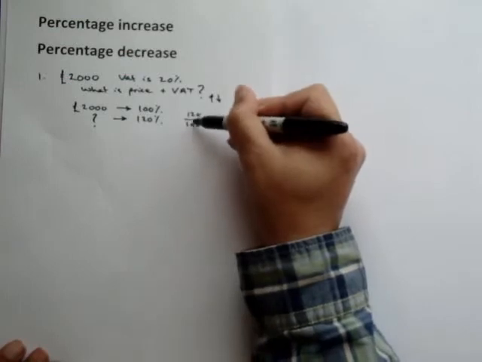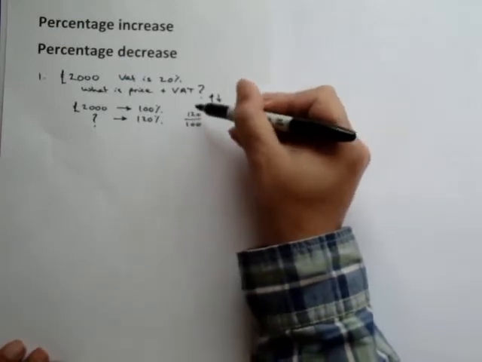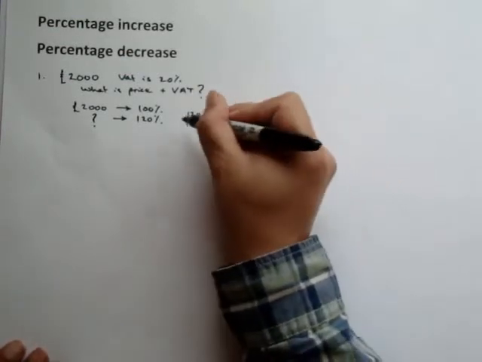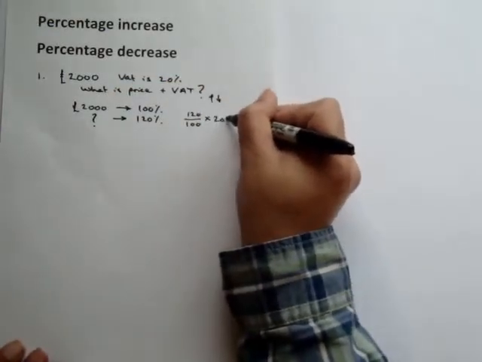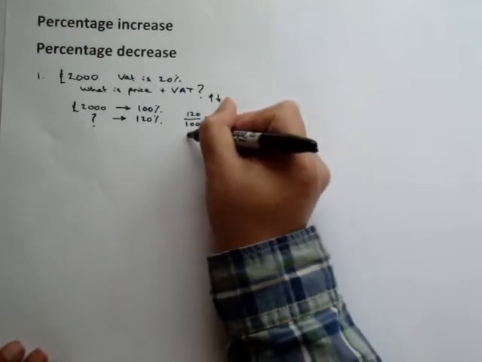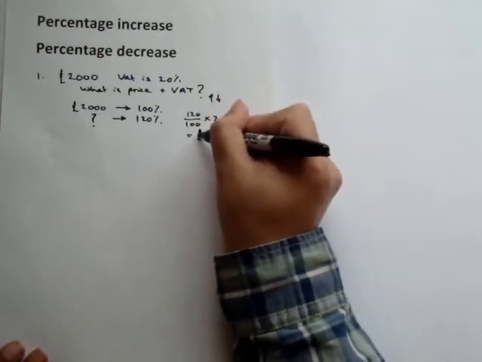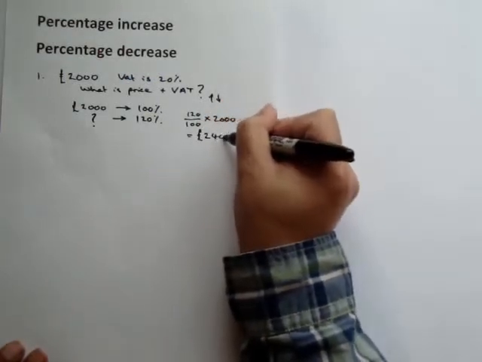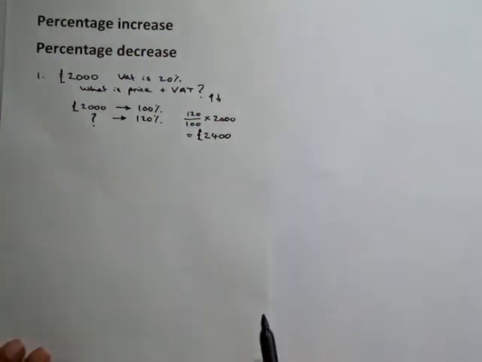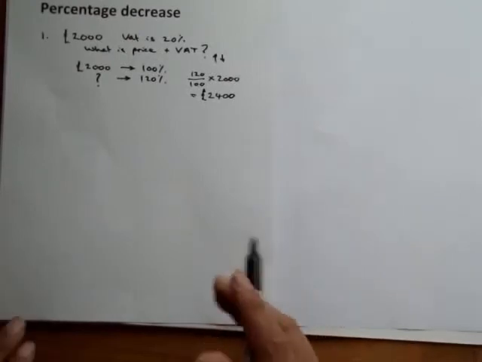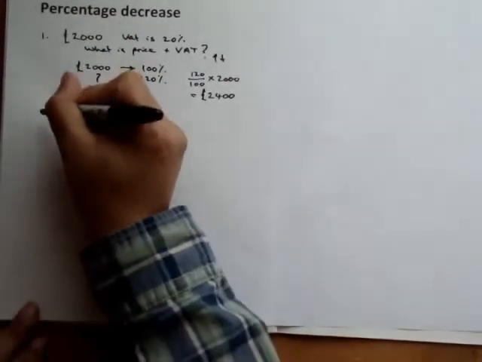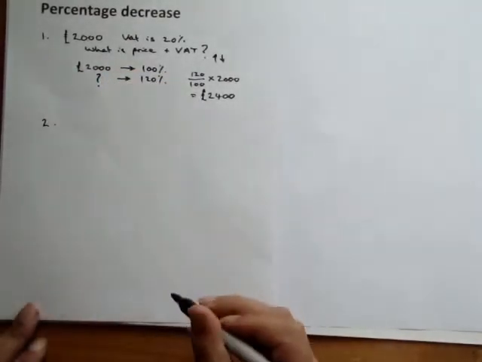So this will make 1 point something, which will make the number bigger. Then we multiply this by the 2000 and we get 2,400. Okay? Same steps, different type of question.